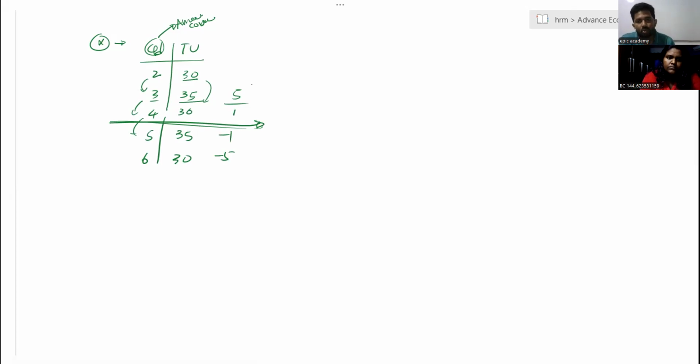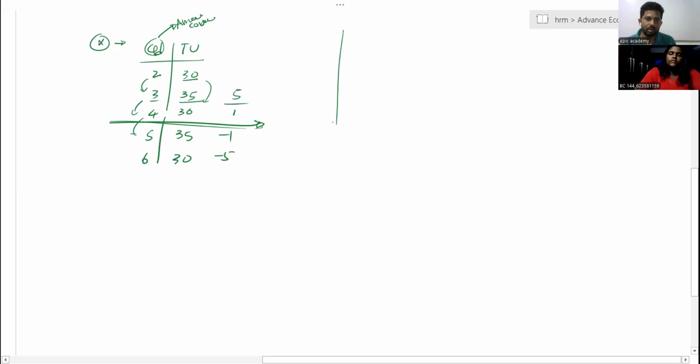This is why we call it diminishing marginal returns. The marginal utilization is going to be reduced after a certain point. Up to a certain point, your satisfaction increases.